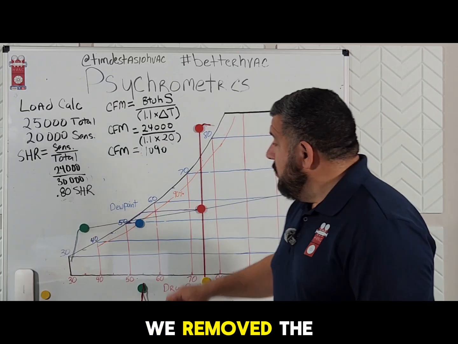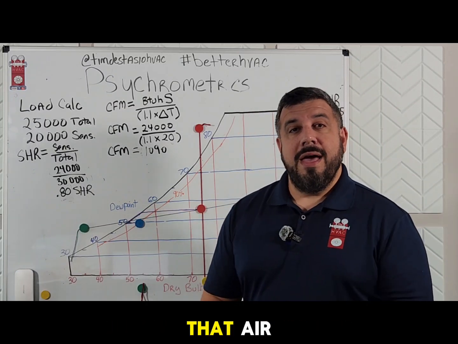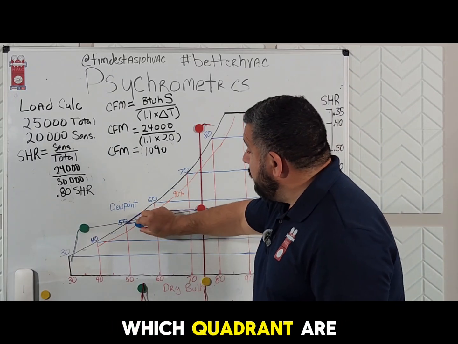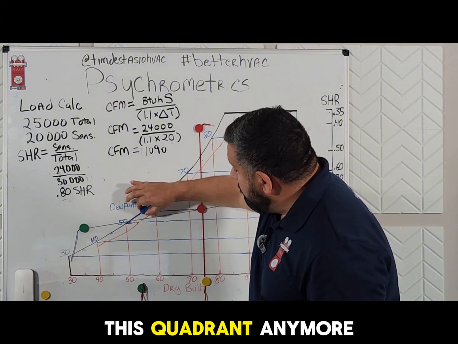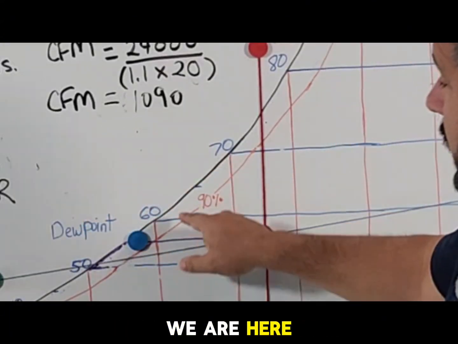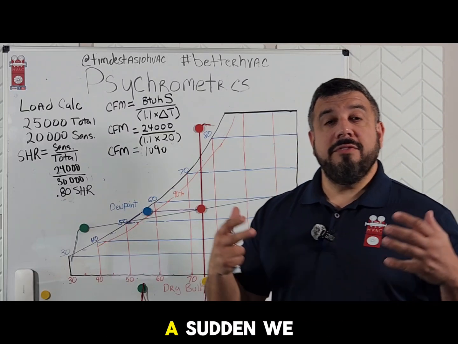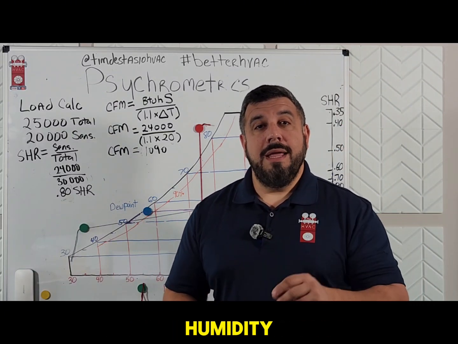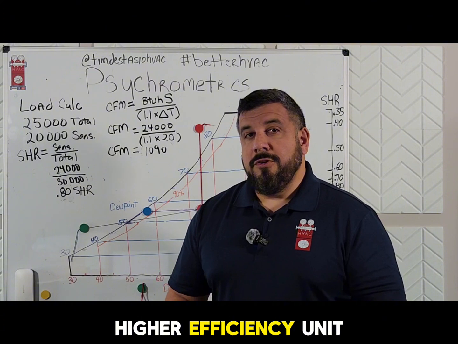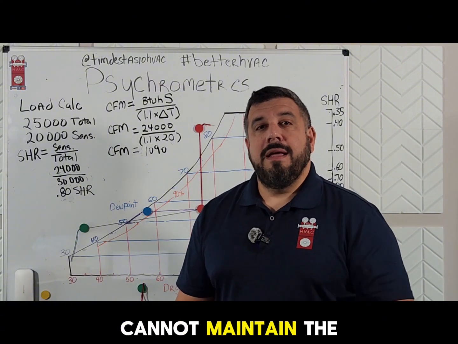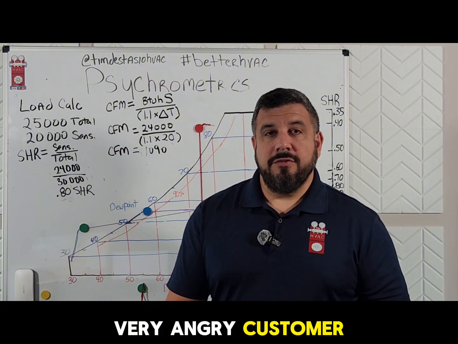And so have we removed the moisture to dehumidify that air? No, we have not. Which quadrant are we in? We are not in this quadrant anymore. We are here in this quadrant. So we may be able to satisfy the temperature of the room, but all of a sudden we cannot satisfy the humidity. And now that brand new higher efficiency unit that we installed cannot maintain the humidity. We have a very angry customer at us.